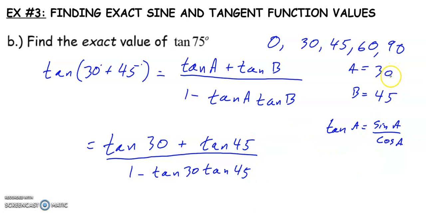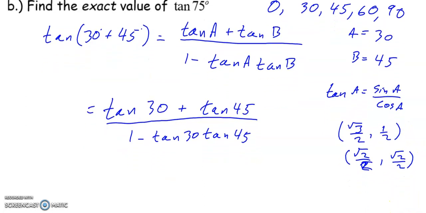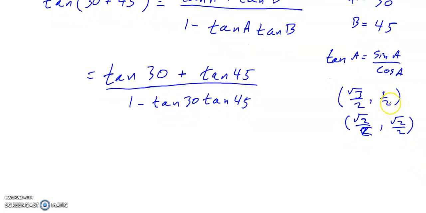Well, the points we have, 30 is at the point radical 3 over 2 and 1/2. And then 45 is at radical 2 over 2, radical 2 over 2. So we're going to do sine over cosine for each of those, or another way of saying it is sine multiplied by the reciprocal of cosine.